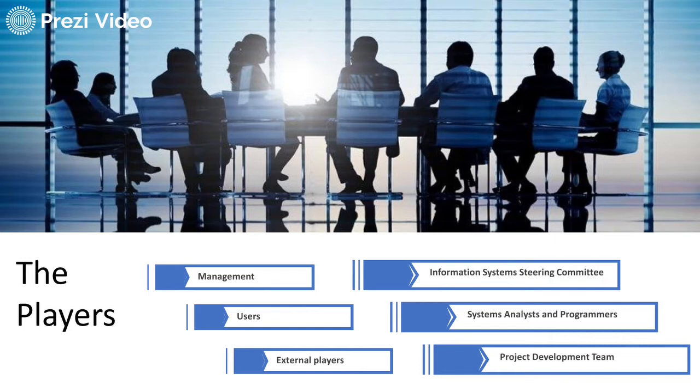And then the information system steering committee is the next player. The purpose of the IS steering committee is to plan and oversee the information system function. They set the policy that governs the AIS, and they ensure participation from top management. They give guidance and also control over this system development.